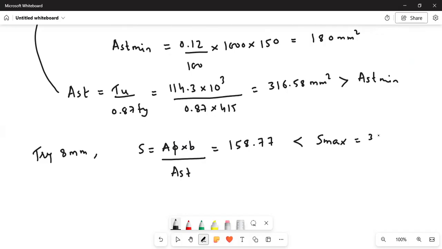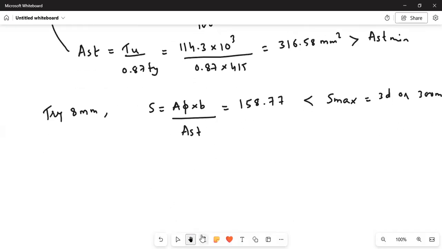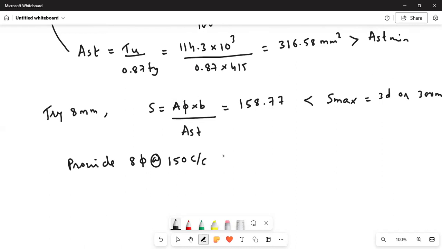The maximum spacing is 3d or 300 mm. Okay, so we can provide the horizontal reinforcement, provide 8 mm bar at the rate 150 mm center to center as hoop tension. That is horizontal reinforcement. Horizontal reinforcement. Okay.